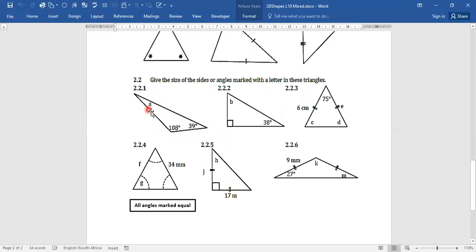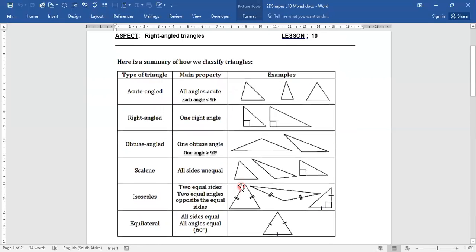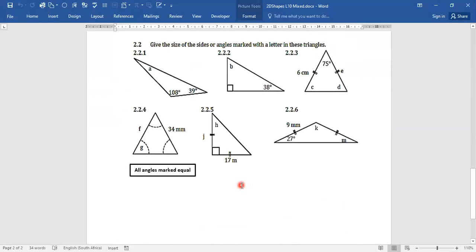Using those facts, you need to solve for angle A and angle B. But the main idea in all this is that the sum of the angles of a triangle is equal to 180 degrees. And we have side measurements here, so you need to find the angle CD, and you need to find the value for E, using the facts you pick up about triangles from the information given and from work done in other lessons.